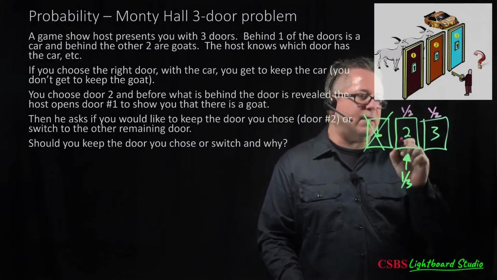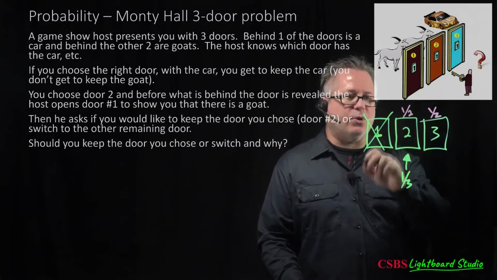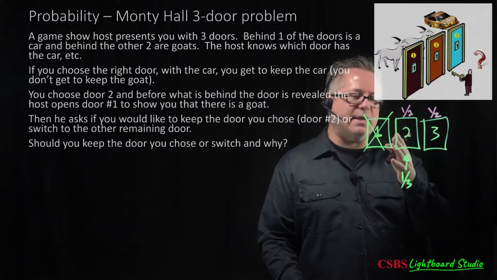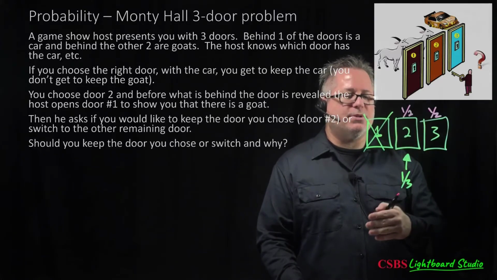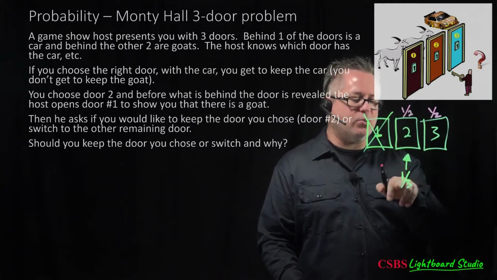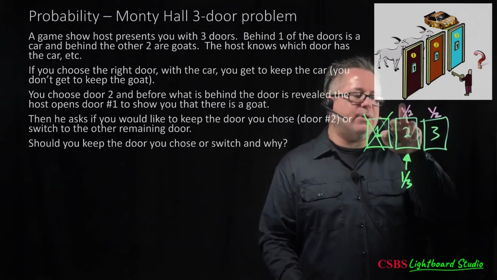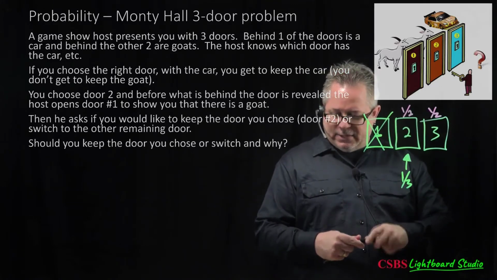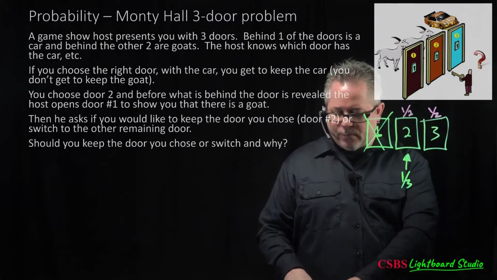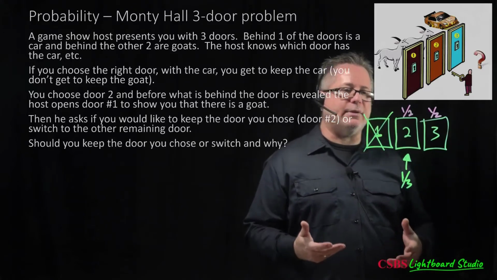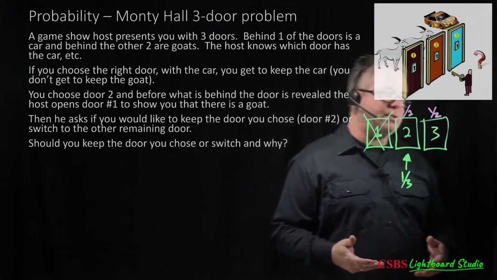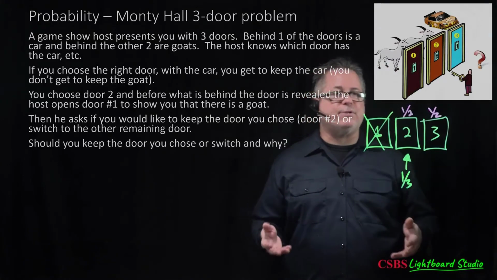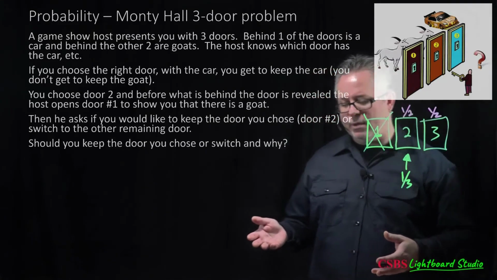We're down to halves. 1 door got eliminated, and you're down to 2 doors. So your original choice, that was originally 1 out of 3, has now become 1 out of 2. The other door is 1 out of 2. So in our minds, we think it doesn't really matter if I stay with the door that I chose or if I switch to the other door, because they both have about an equal chance of having the car.